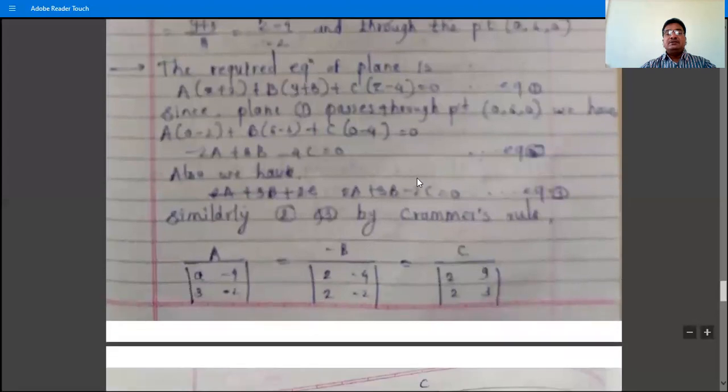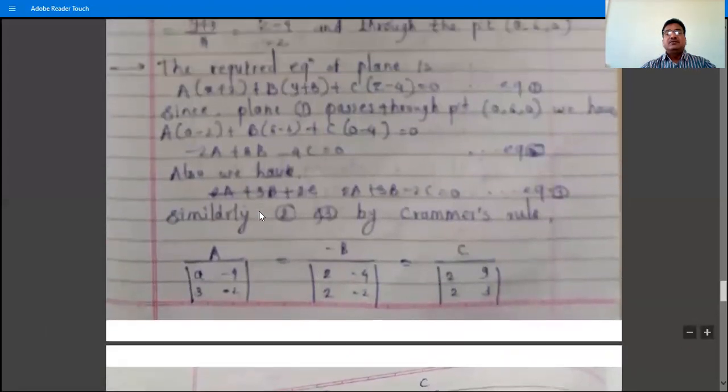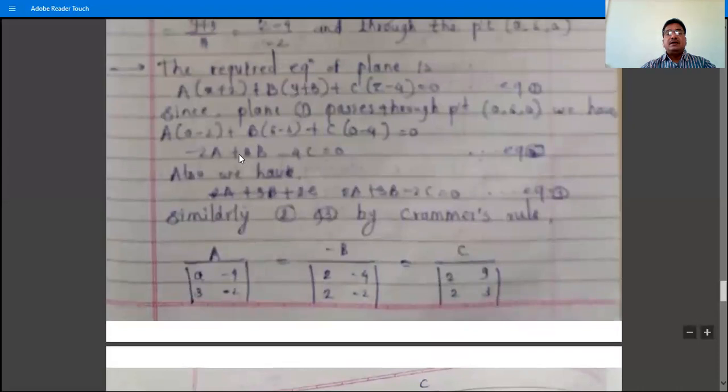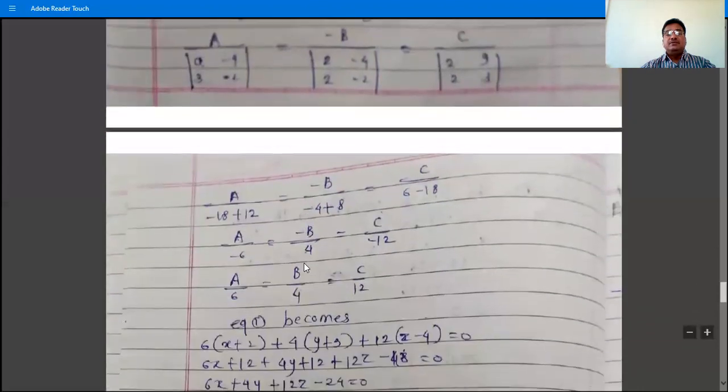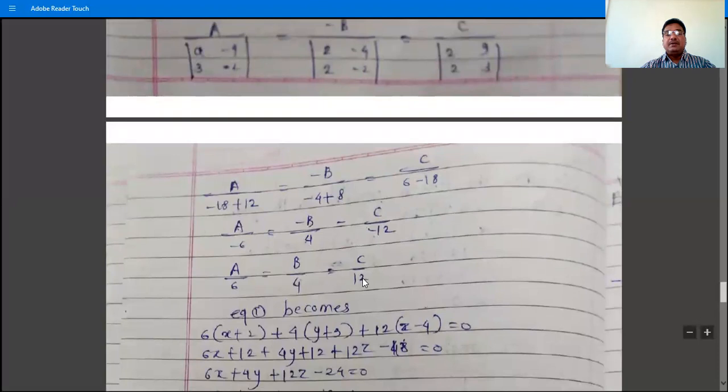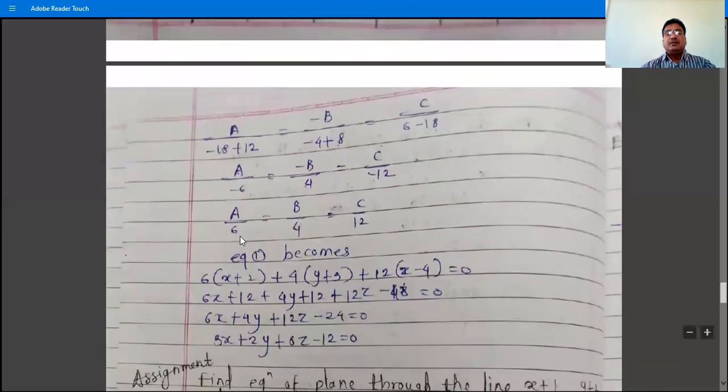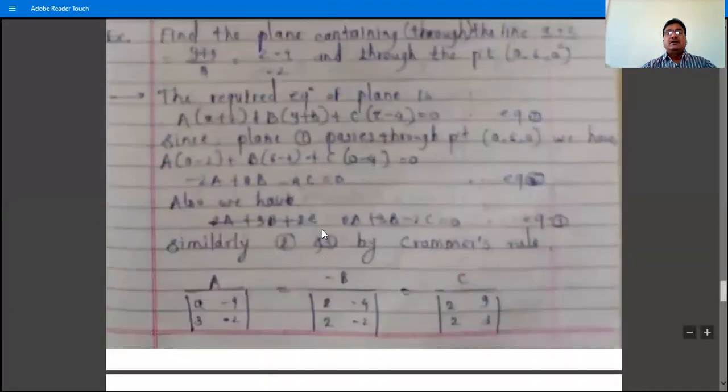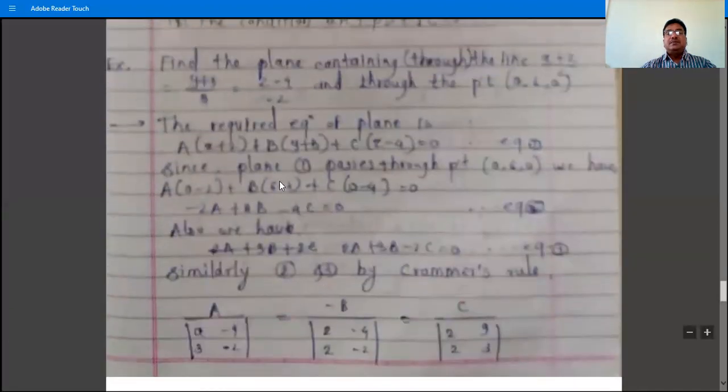Then solve these two equations, equation numbers 2 and 3, by Cramer's rule, to find the values of capital A, capital B, and capital C. I think this answer is wrong, so correct it because 6 plus 3 is 9. So write here 9 and here plus 2A.